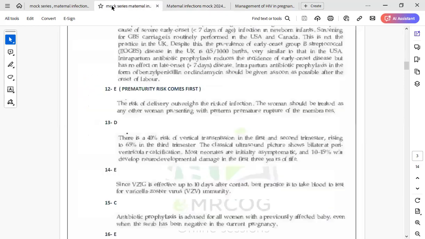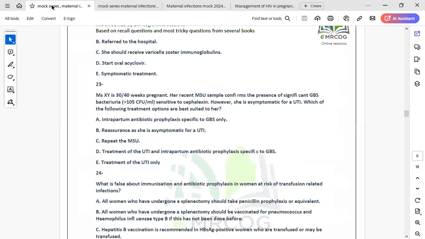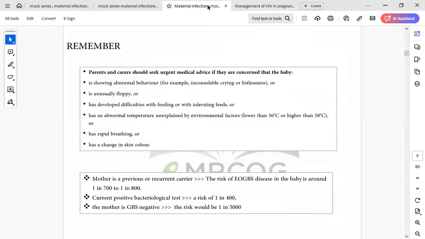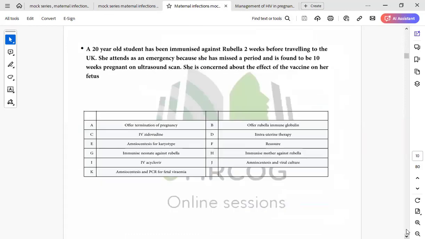This one for the previous batch, previous year. So I think it was 2022 to 2023. This one is a very recent one. I just did it last month. And I'm going to do another one with the revision course, inshallah. Everything needs to be updated.